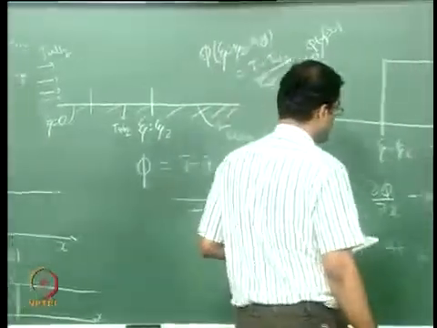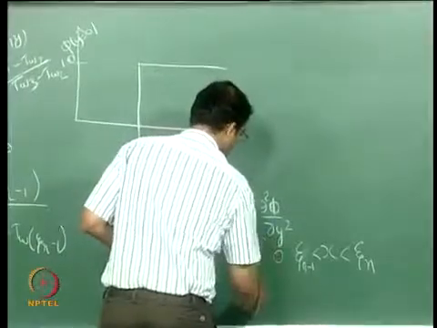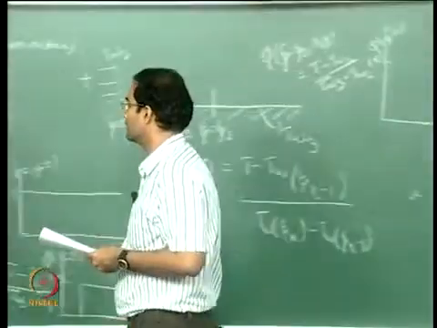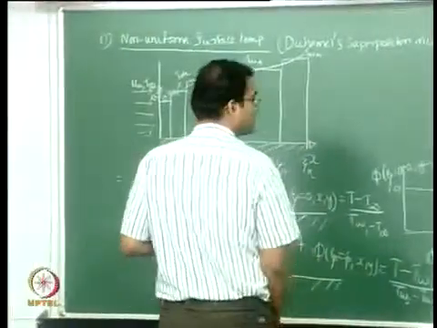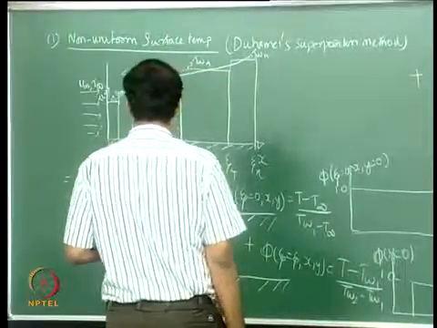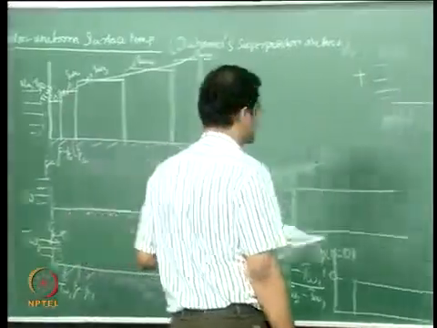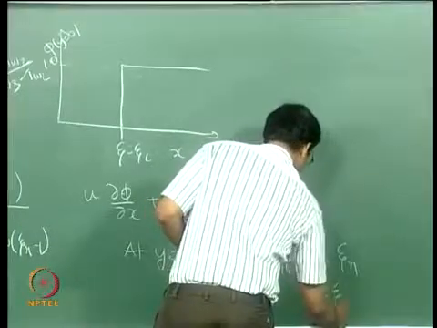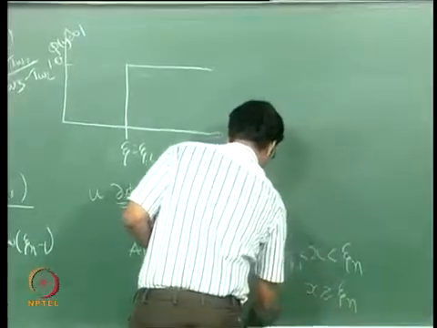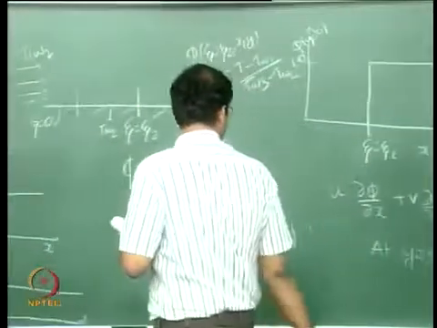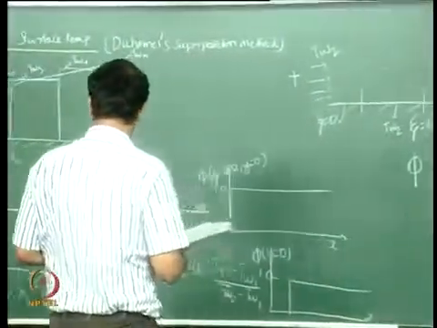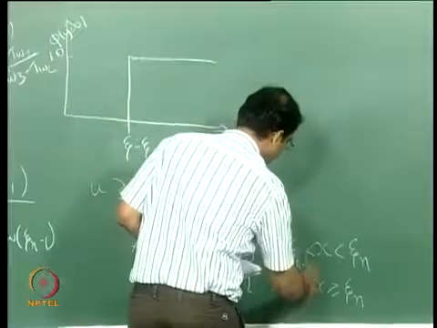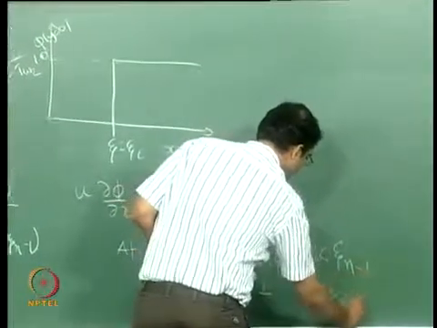So this should be 0, and for x greater than or equal to zeta n, it should be 1. Can you just check that? It has to be eta n minus 2 minus 1, is that right?